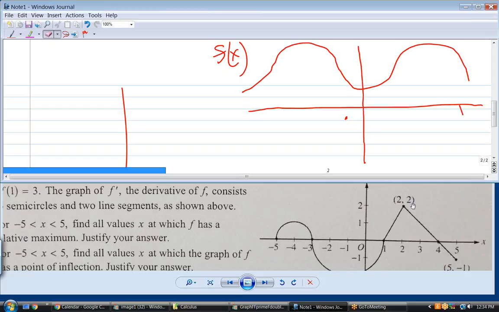I'm going to have to think about this more, Jackson. I'm not positive on how we can prove that this is the absolute minimum and not just a relative minimum.